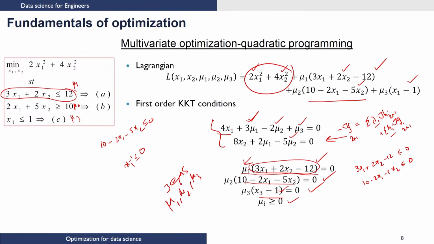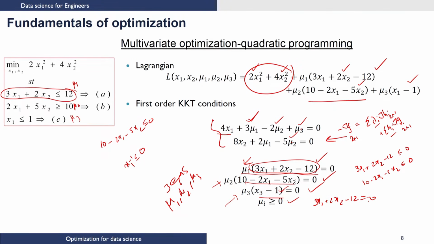The third equation will be mu 2 has to be 0 because we have assumed this is not 0. The fourth equation has to be mu 3 is 0 because we have assumed this is not 0. Now, the fifth equation becomes the one which we have assumed, which is the term inside the bracket is 0. So, in which case again I have 1, 2, 3 and then mu 2 equals 0, mu 3 equals 0 as 5 equations in 5 variables.